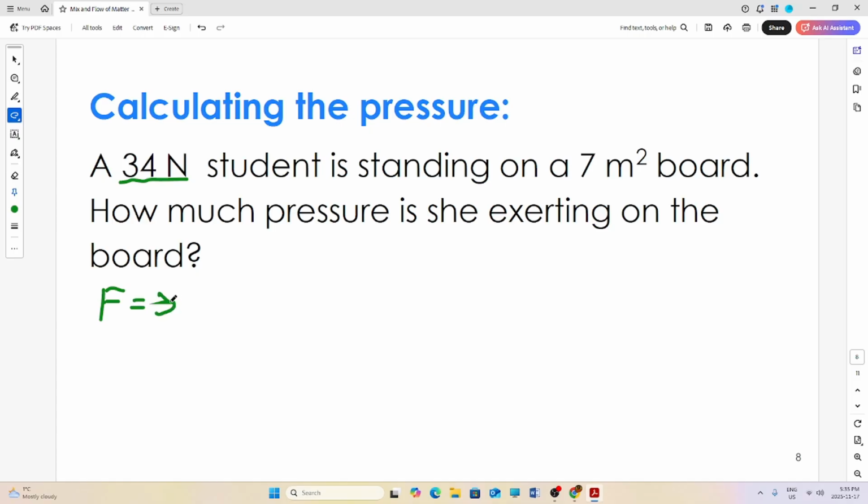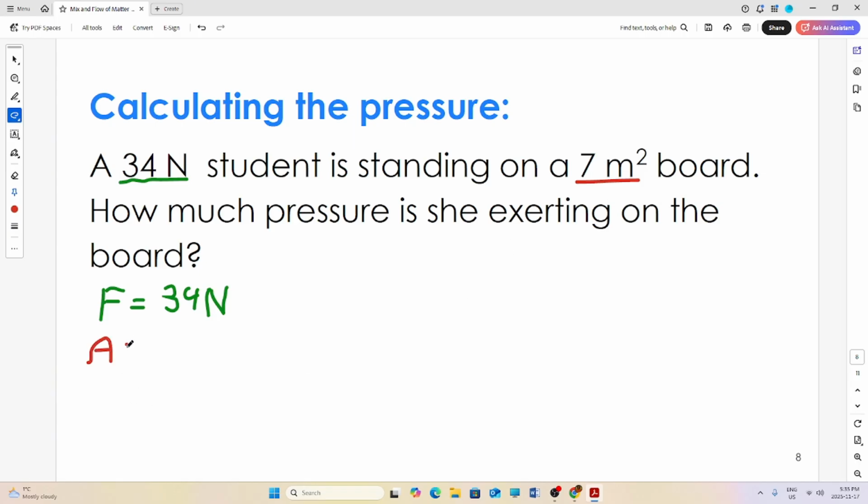That's kind of messy, let's erase that. So 34 newtons. Okay, and now what else do we have? Oh, we have an area, meters squared.